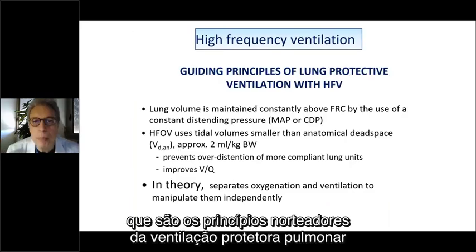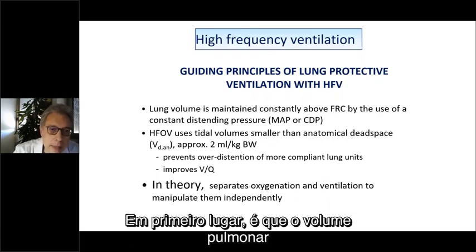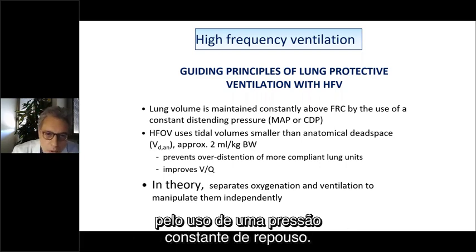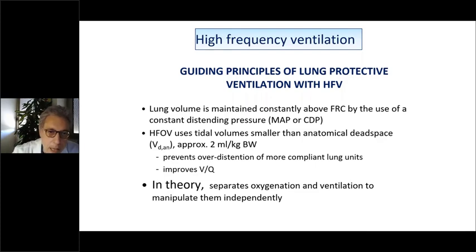Which are the guiding principles of lung protective ventilation during high frequency? First of all, the lung volume is maintained constantly above the functional residual capacity by the use of a constant distending pressure called mean airway pressure or continuous distending pressure.